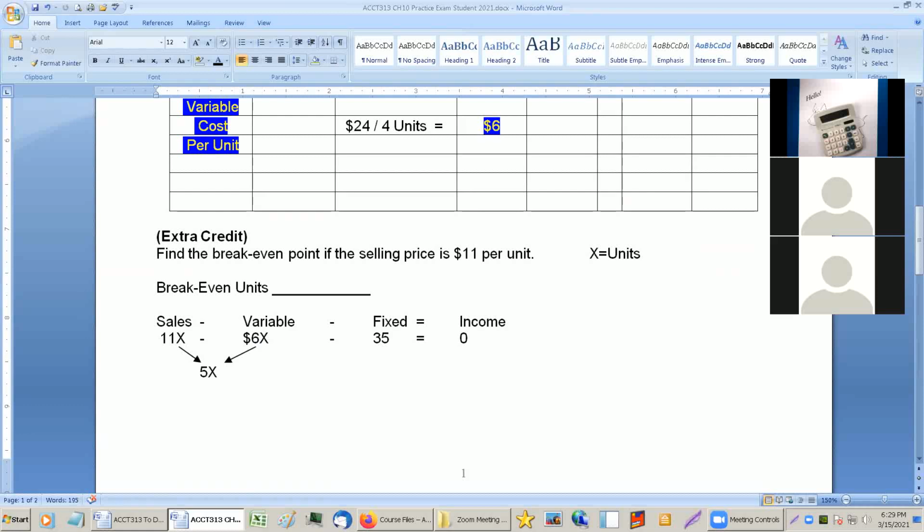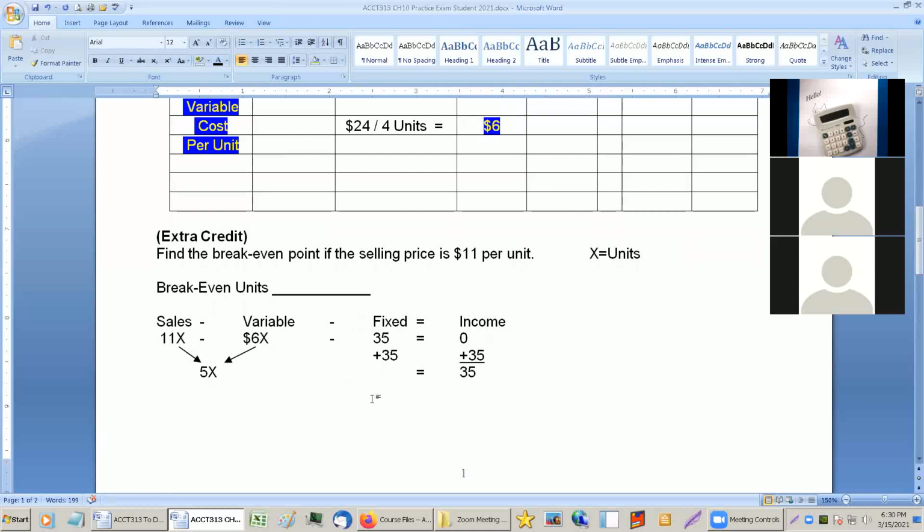And we want to get all of this on the other side, so we'll say plus 35 on both sides. This just ends up being 0, but this will end up being 35.